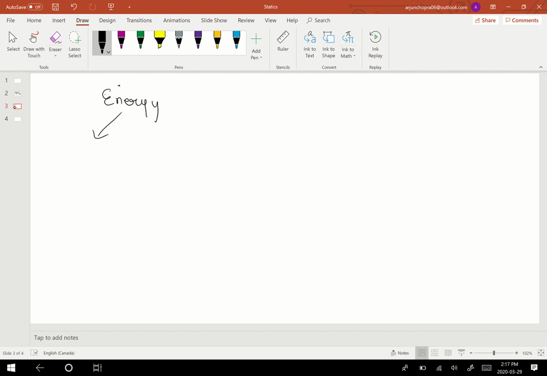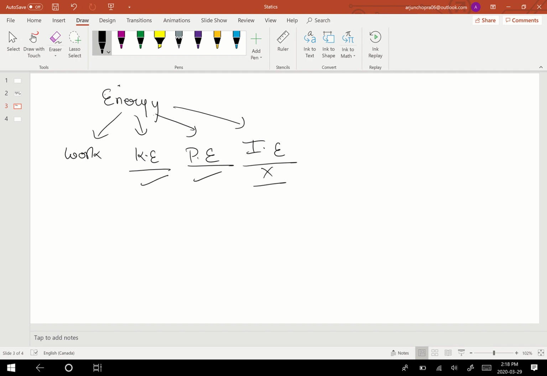One which we've studied is work. Another form of energy is kinetic energy. Another is potential energy. And then there is another form, internal energy also, but this is not of our concern, so we won't talk about this one. We will only focus on these two forms of energy right now.